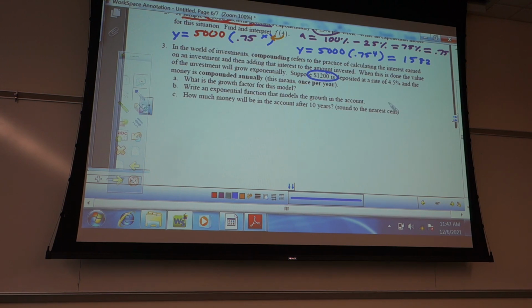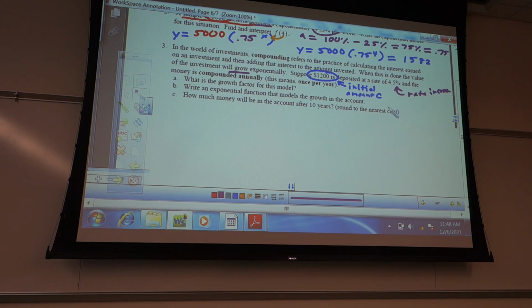Yeah, my initial amount. And then this is my rate. It's going to grow. So this is my rate of increase.